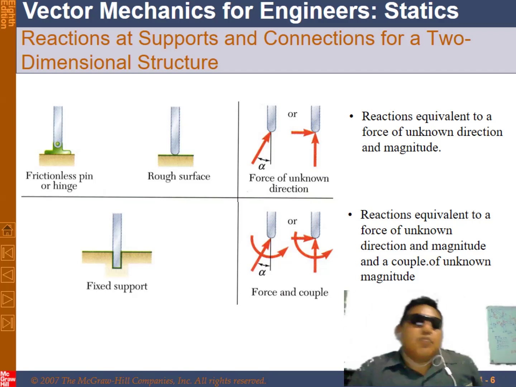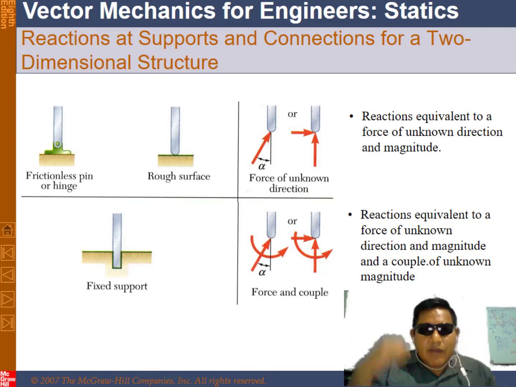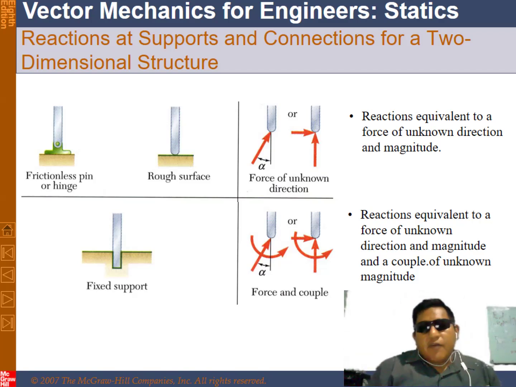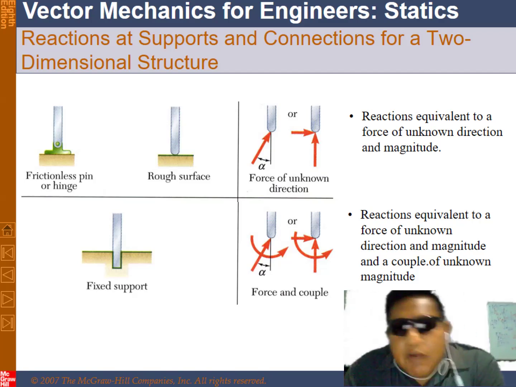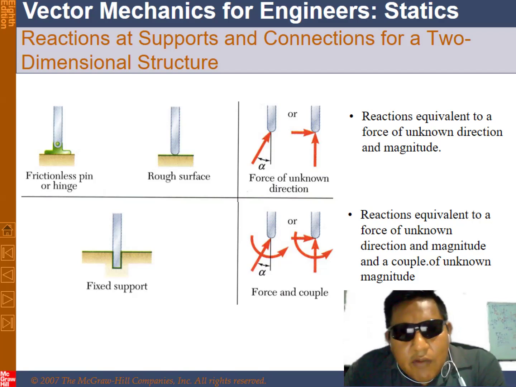Reaction equivalent to a force of known direction. For example, fixed support. In this case, the mechanical structure is very static. It's not moving for whatever problems in the world. But in this case, you can represent it in the figure as a vector plus a moment.